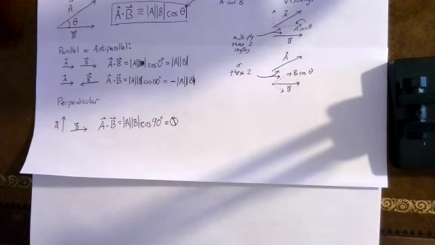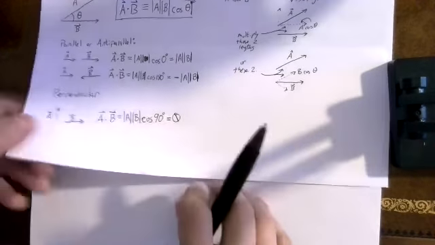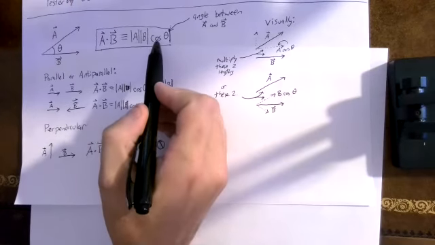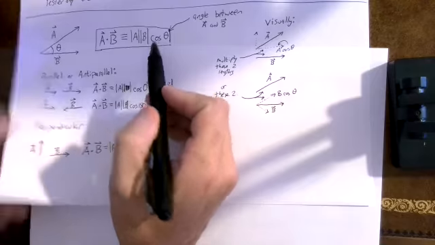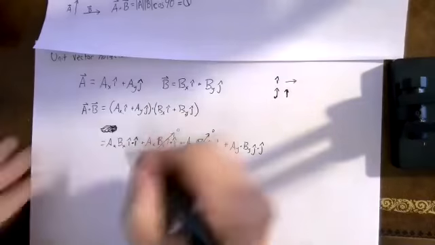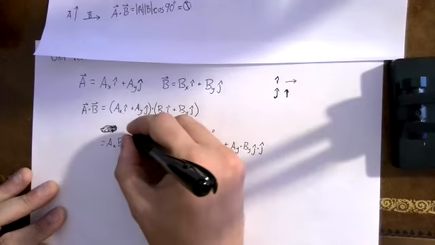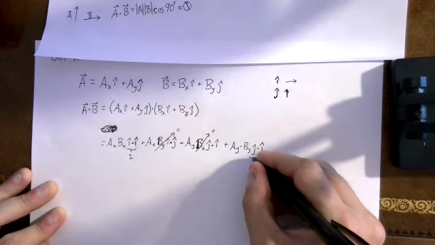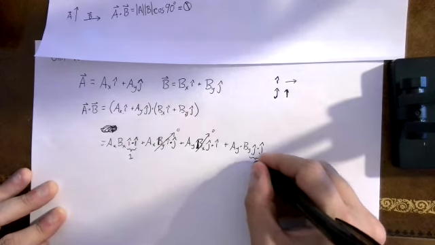So i hat dot i hat is just equal to 1, because length 1 times length 1 times cosine of 0, which is 1, just gives us 1. And same exact thing with j hat dot j hat, that's also 1.